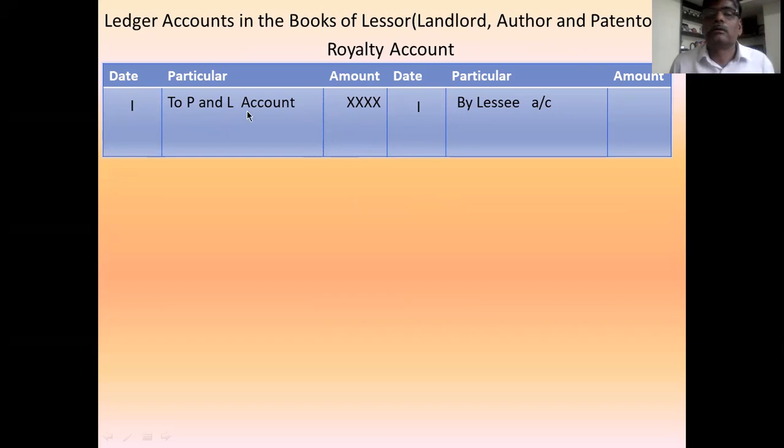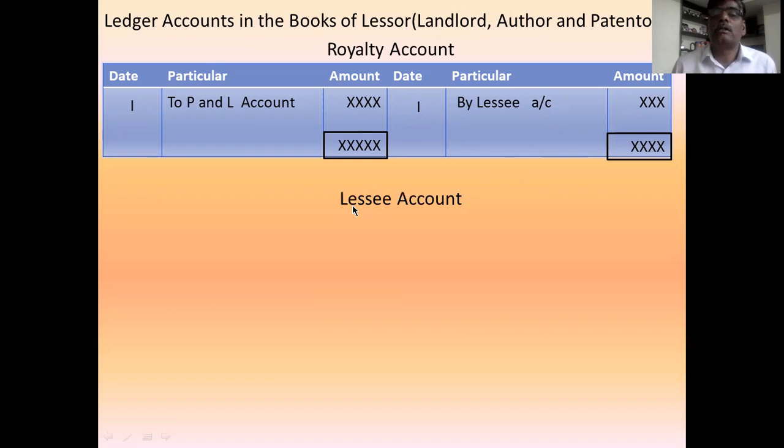Reverse order: to P&L account, debit side; by lessee account, credit side. Amount is from the royalty column. Remember this. In this account, you write the amount from the royalty column. Take the total. One year completes. Continue this process till the completion of all the years. This is the first one.